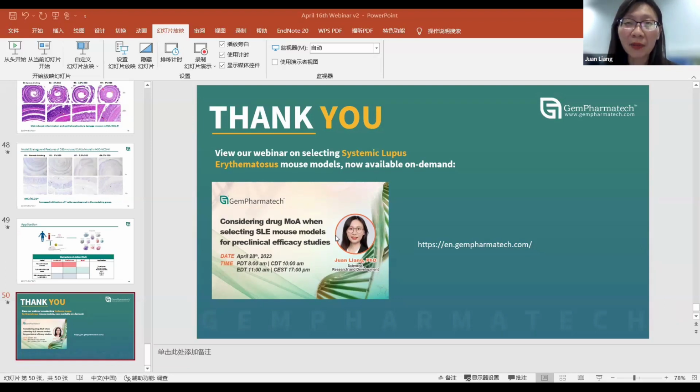We have done this kind of study to evaluate the CAR-NK and also CAR T cell efficacy in the SLE models, and we found that CAR-NK and CAR T cells could improve the mice survival in these studies, and also we could observe a decreased level of double-stranded DNA. So this immunoreconstitution mouse model could be used to evaluate therapy for autoimmune disease treatment.